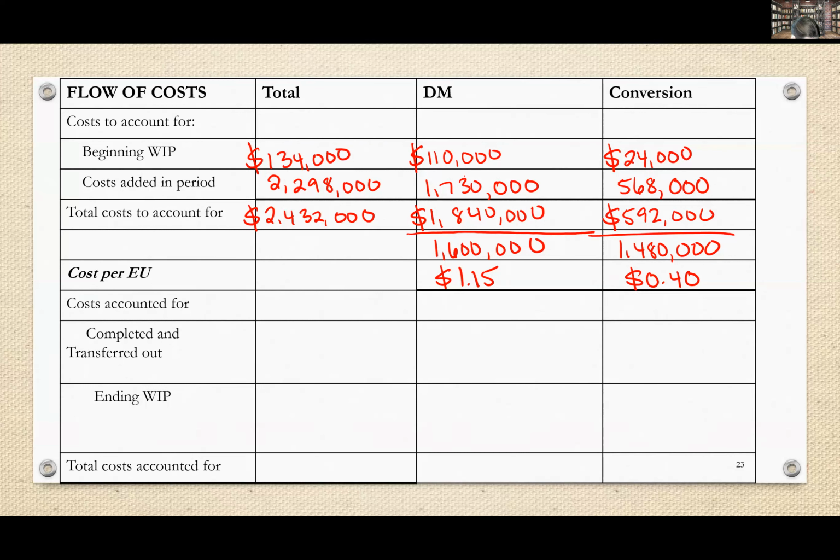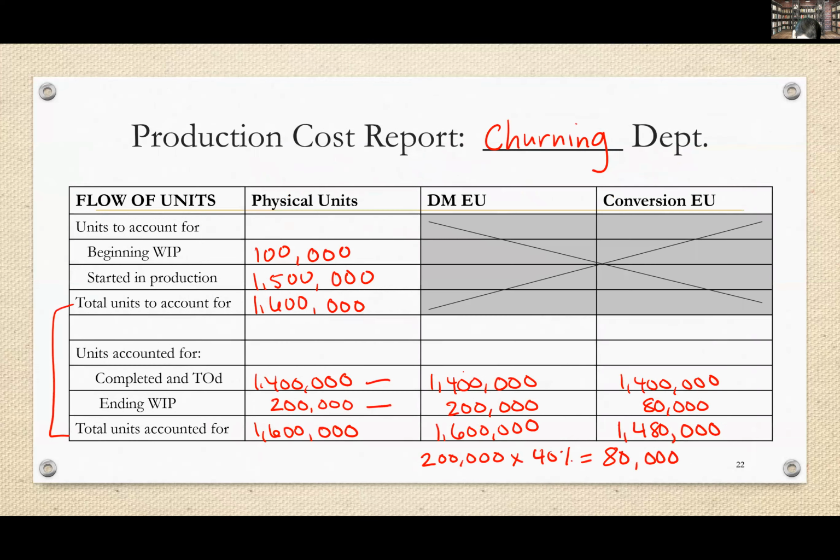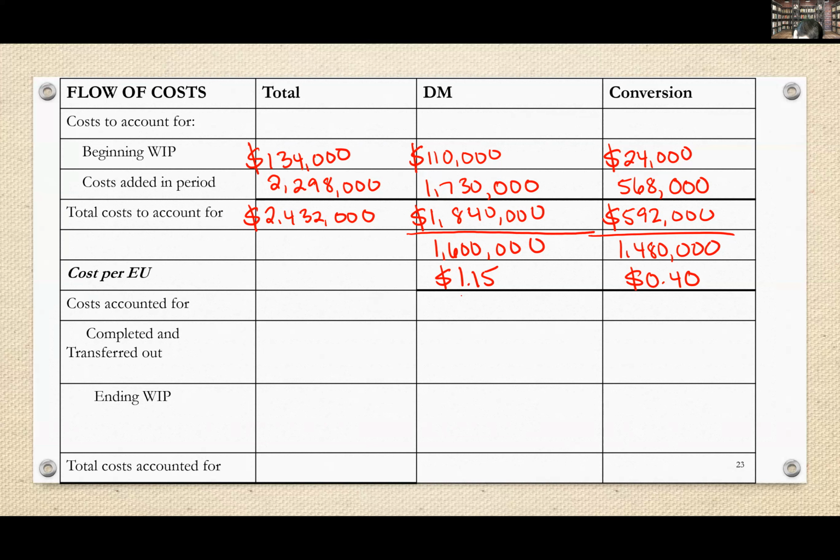So I'm going to take my $1.15, and now I'm going to multiply that by my units. So I see here my units to be accounted for, completed and transferred out, was 1,400,000 times $1.15. Okay, gives me 1,610,000.